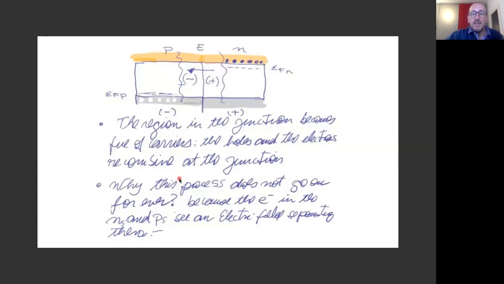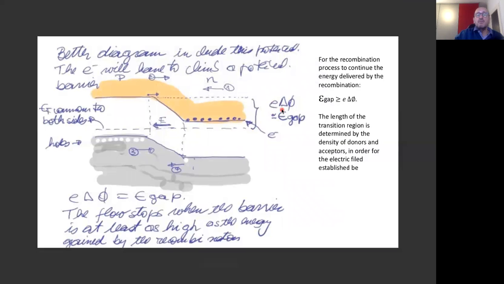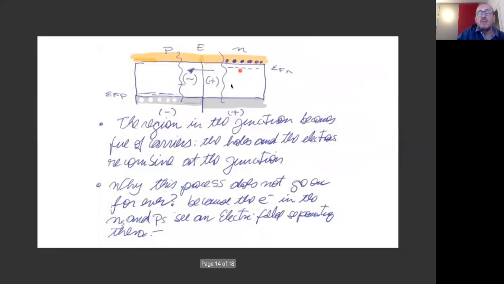So this is a reason why this process stops: the electrons in the N and P see an electric field separating them, and the magnitude of the potential that has appeared here must be equal to the difference in energy. E times the difference in the potential here must be equal to the energy of the gap. Okay, so this is what I have written here, and now I am changing the diagram because this diagram is unfair. If this is an energy diagram, it should show the potential too.